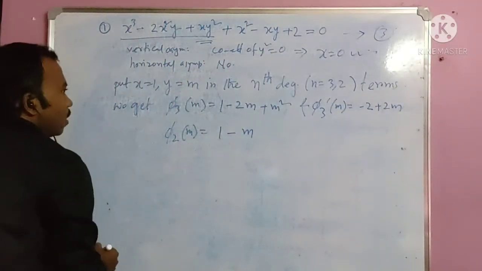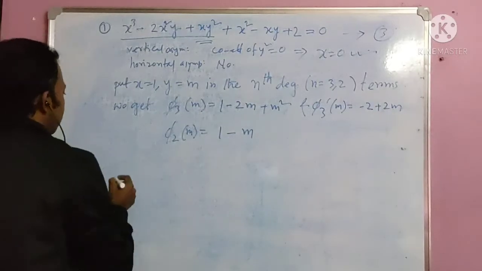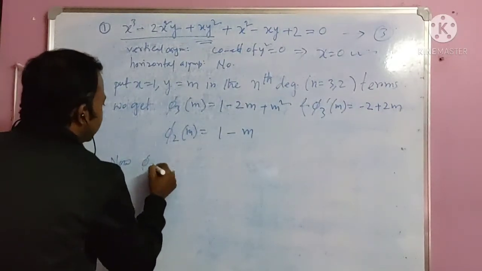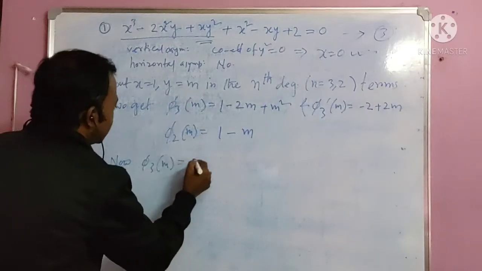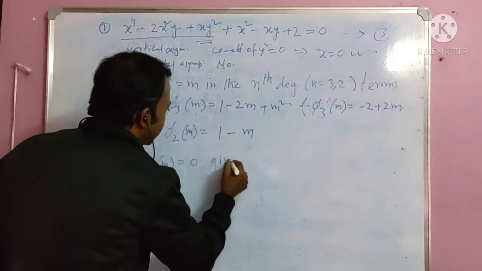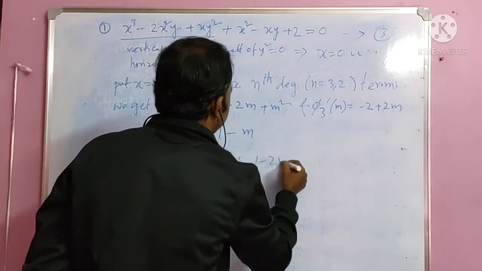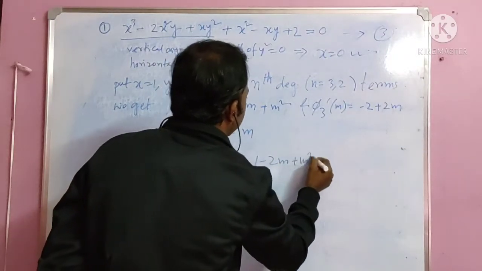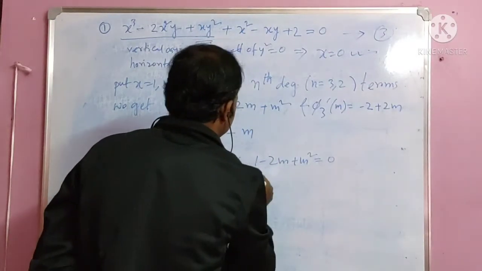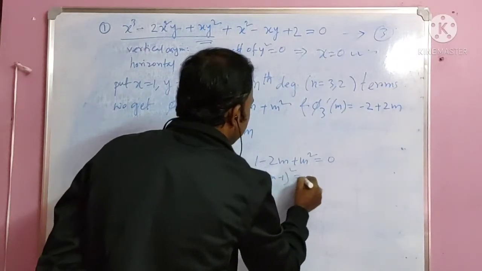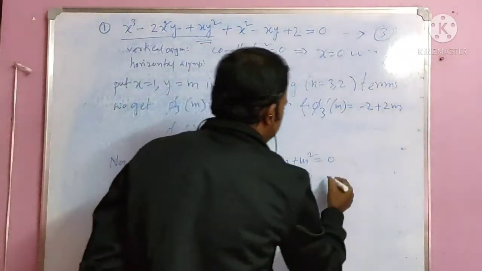Now we will solve this to get m. Now phi 3 dash m is equal to 0. This gives 1 minus 2m plus m squared is equal to 0. That is m minus 1 squared equals 0.